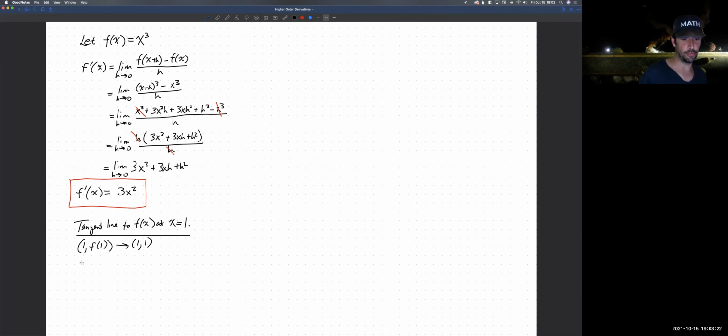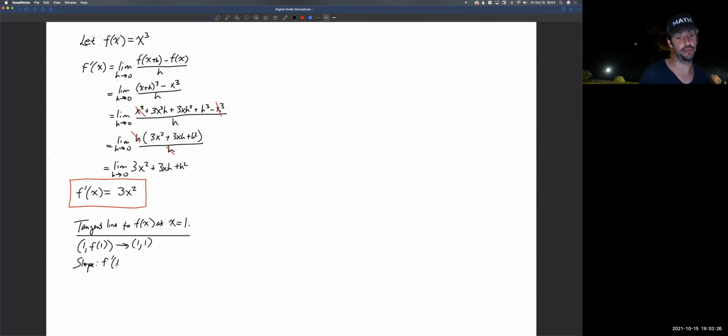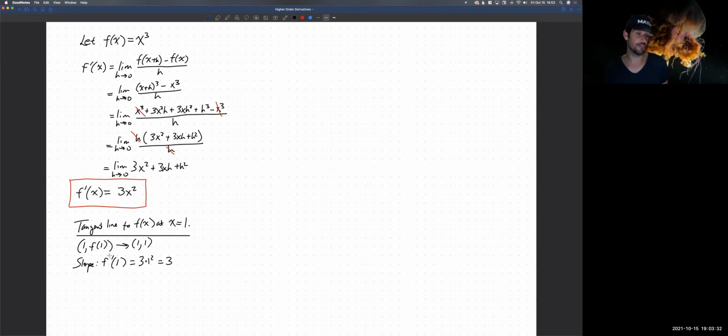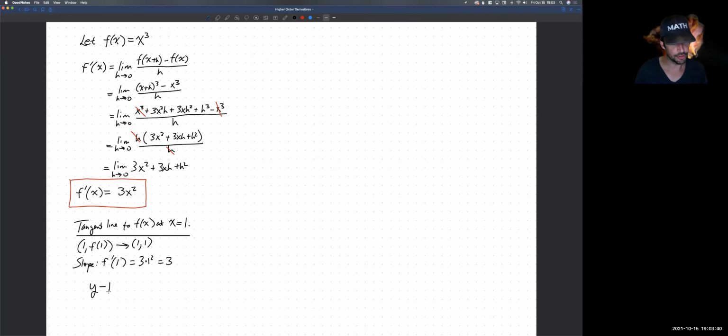And we need the slope. The slope is going to be given by this function, f prime of 1, which is 3 times 1 squared, or just 3. And so with this function in hand, we can compute the tangent line. So y minus 1 equals 3 times x minus 1 gives us an equation for the tangent line.